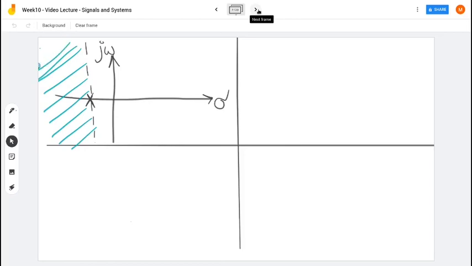So again, the same observation we had before. In the previous example we had a right-sided signal, and the ROC was right-sided. It was sigma larger than a. In this example, we have a left-sided signal, and the region of convergence is also left-sided, sort of.